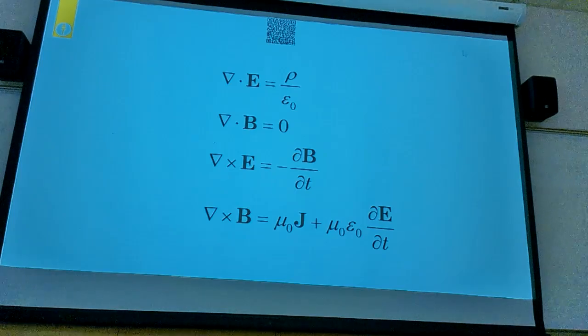And funny enough, they are called Maxwell's equations, but he only came up with one. He's just the one who related them. So that first one is called Gauss's law for electricity.